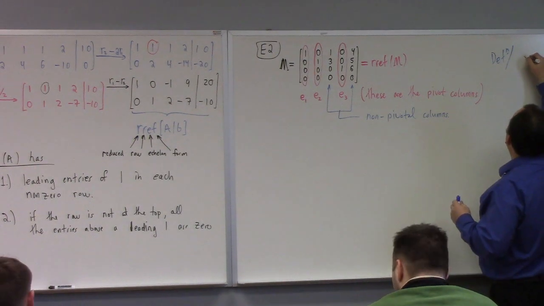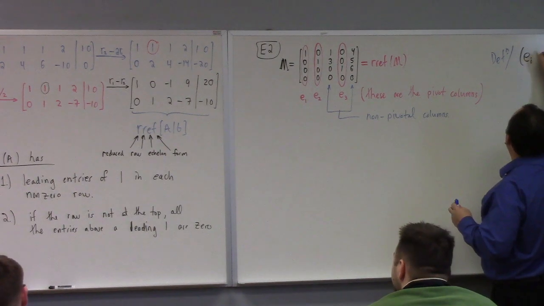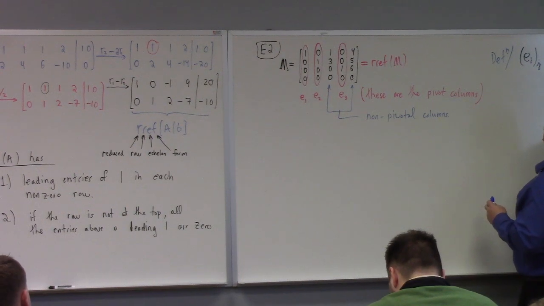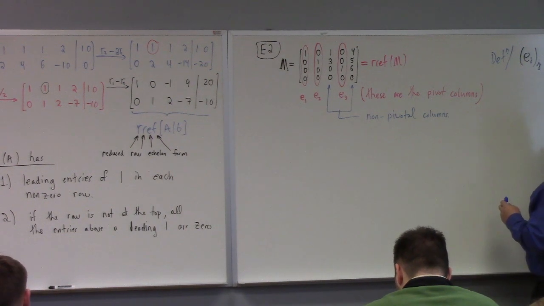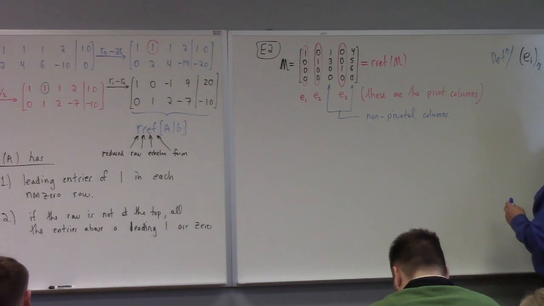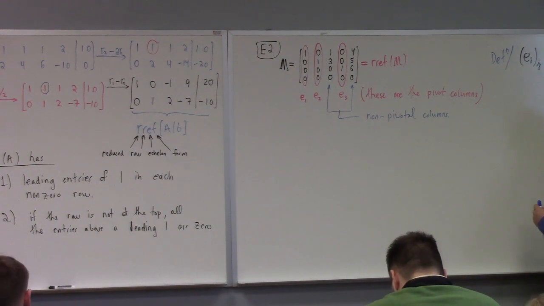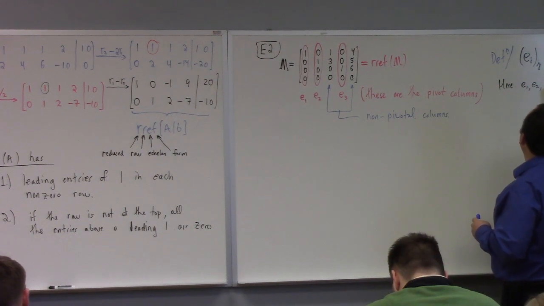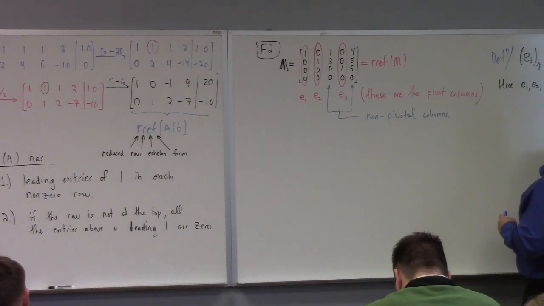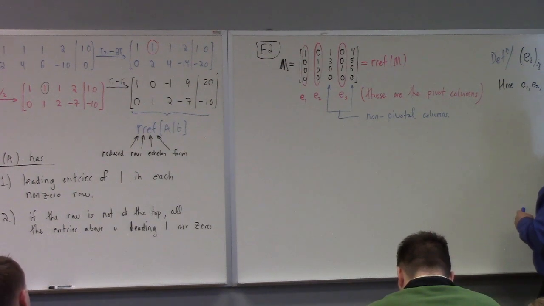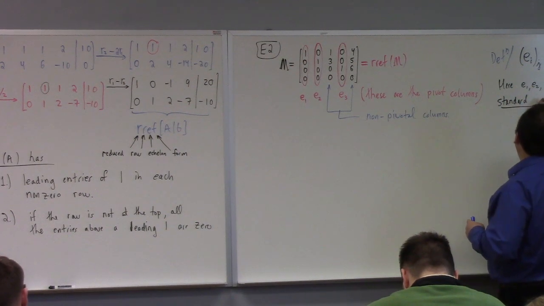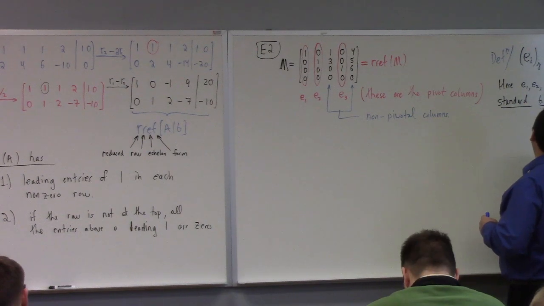Let me give you a definition of the E_i that's a little bit more concise. If we take E_i and look at the jth component of that, it's 1 if i is equal to j, and it's 0 if i is not equal to j. So these things here, E1, E2, all the way out to En, are known as the standard basis for Rn.